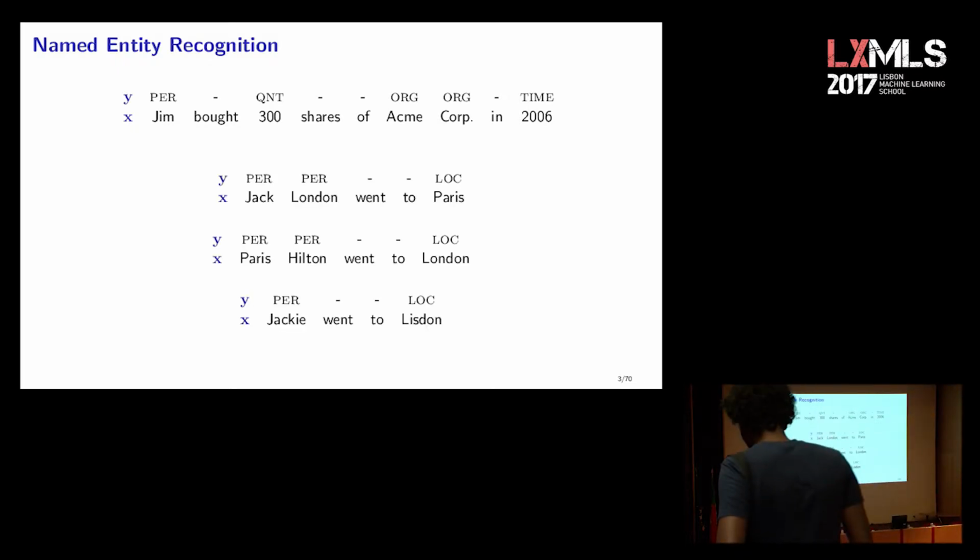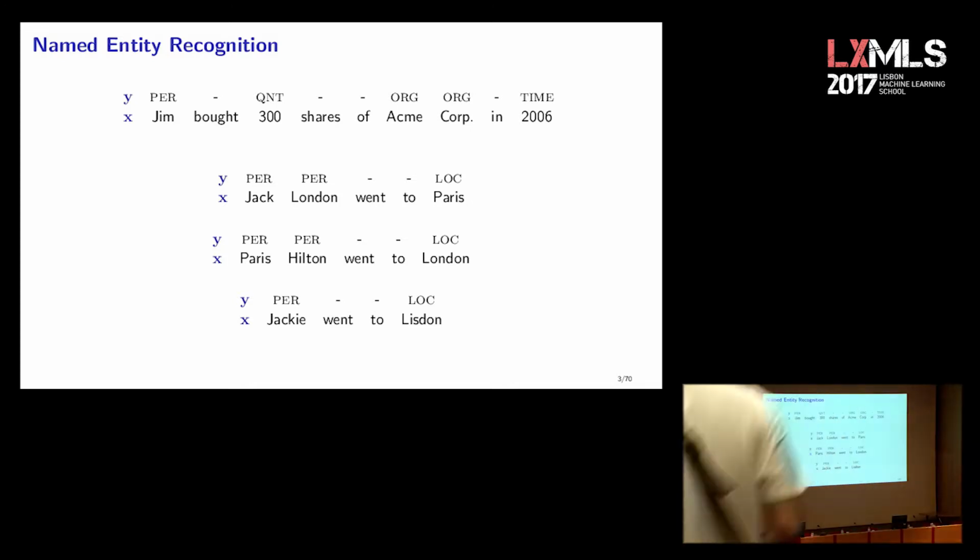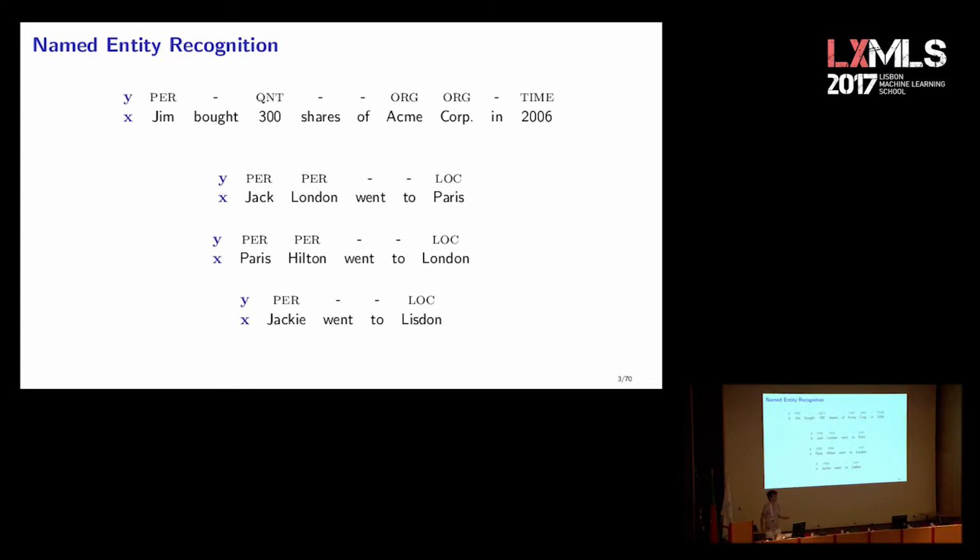Okay, and so in NLP the problem is ambiguity. So London is a city. But in this sentence, London is not a city, it is the last name of a person. So it's a person, okay? So Jack London went to Paris, and maybe the next sentence is Paris Hilton went to London.